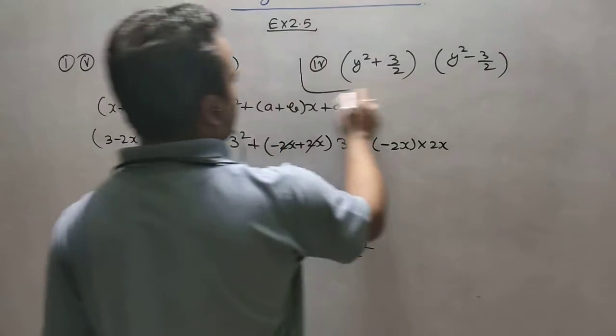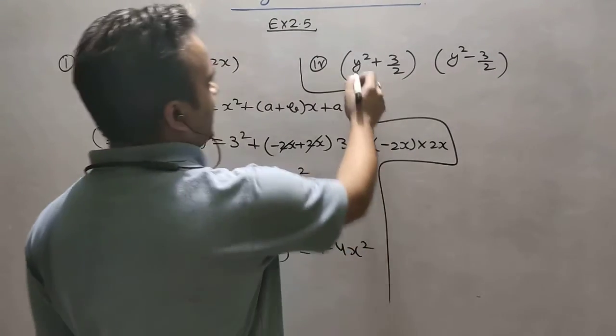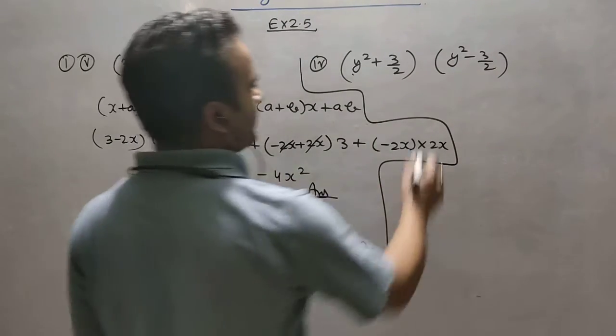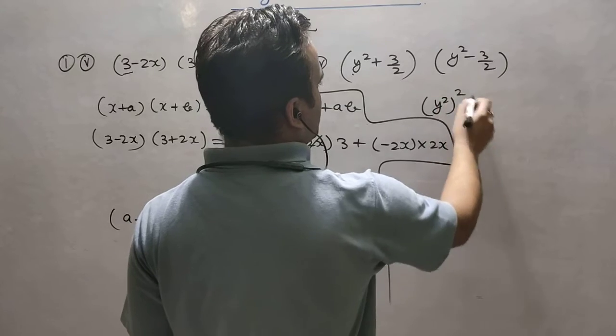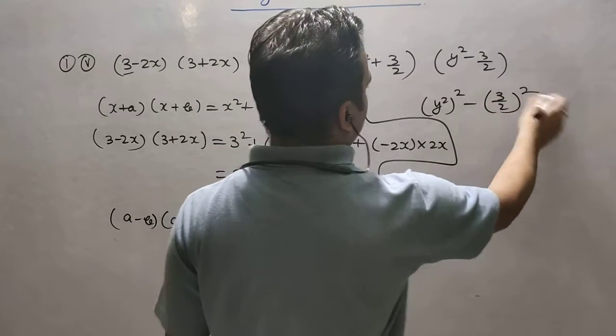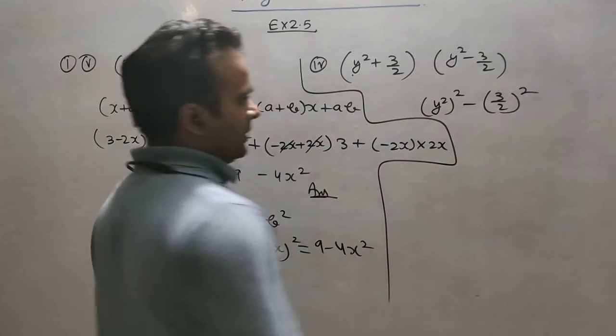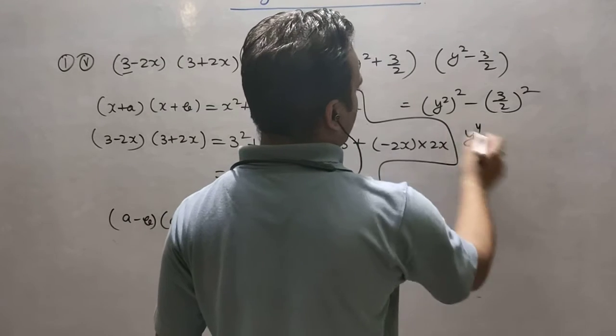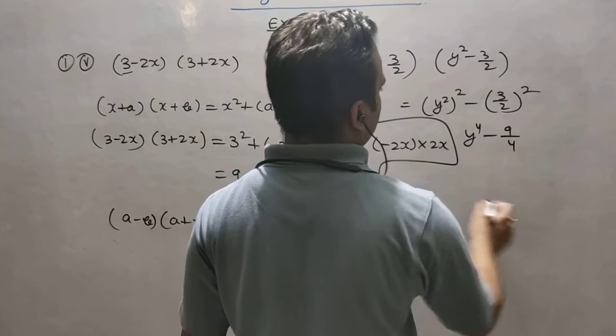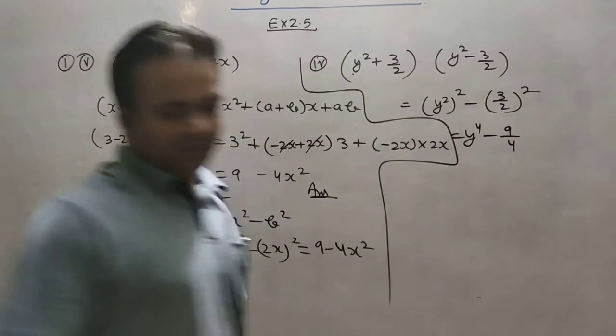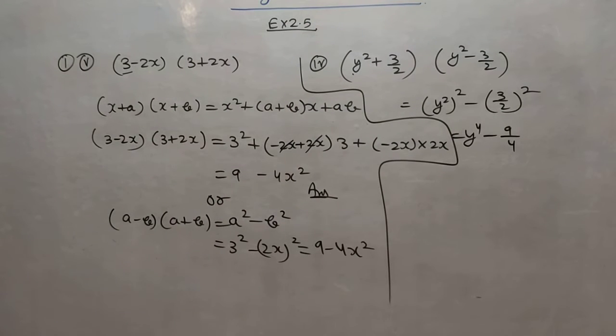In the fourth one we can use again a plus b and a minus b identity. So it will be a square minus b square, because y square will work as a. So it will be y raised to the power 4 minus 9 upon 4. Always write the identity on the right side, so that the teacher can understand which identity you have used, right?